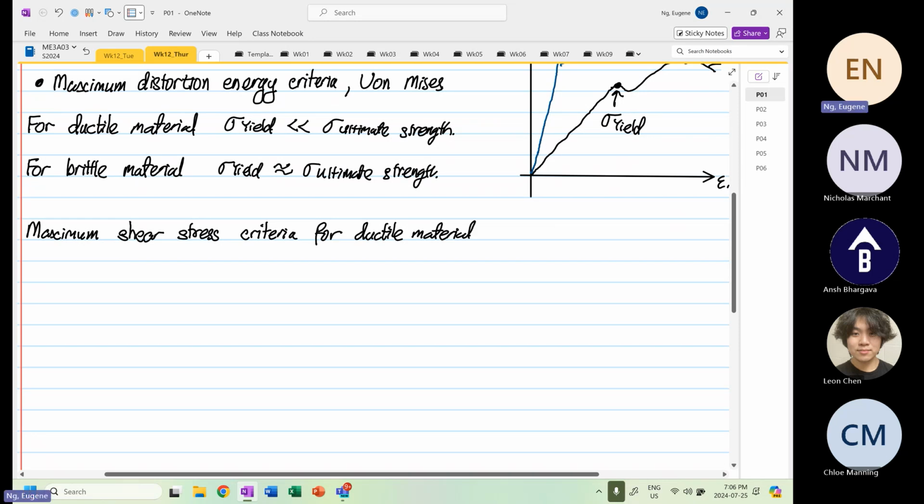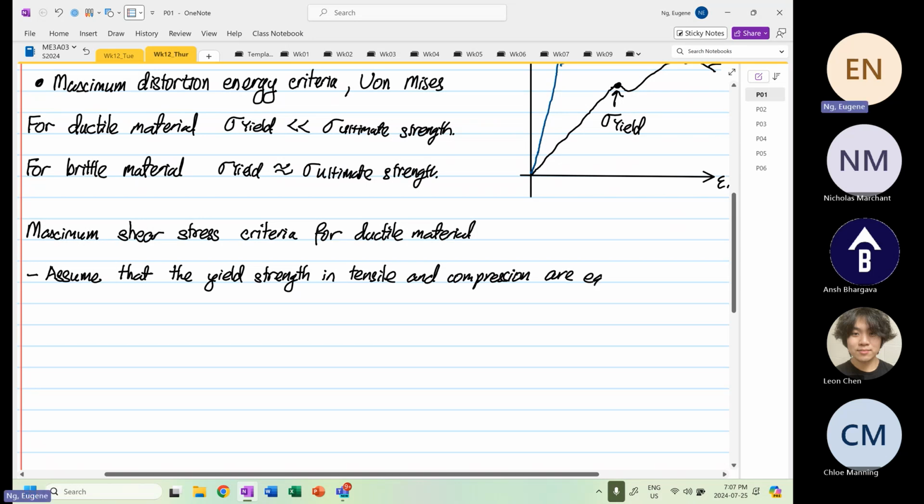Okay, so the maximum shear stress criteria assumes that the yield strength in tensile and compression are equal.